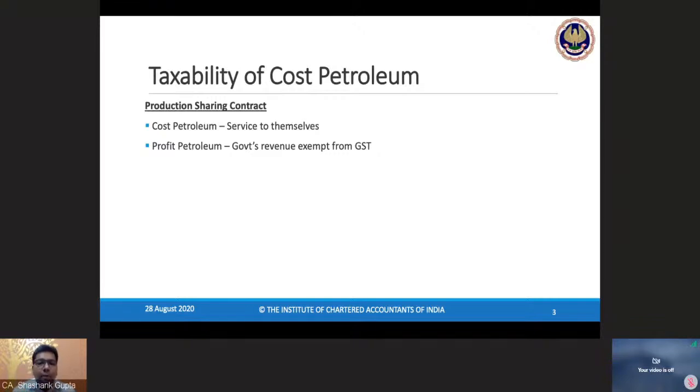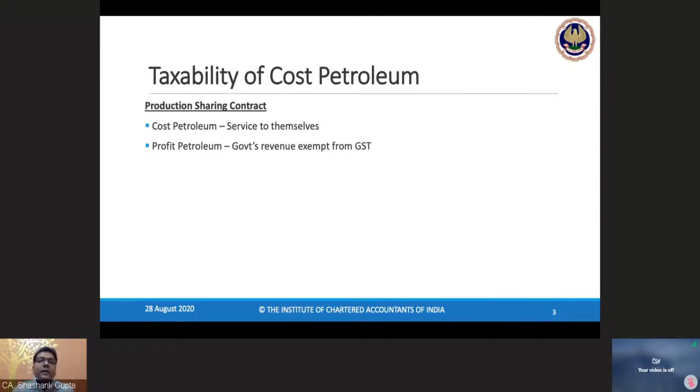Whoever bids the highest gets the license to conduct exploration, and whatever reserves are found, that entity is entitled to sell or use those reserves first to recover their costs: the license fee, exploration and drilling costs, and finally storage and marketing costs, everything.